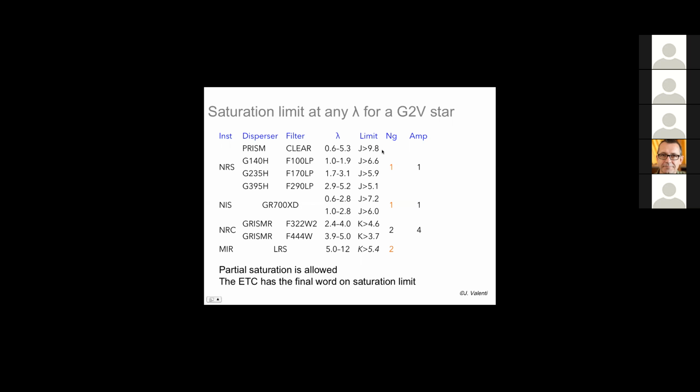But if you're interested only in a sub-range of the wavelength coverage, it is possible to saturate one part of the spectrum and to obtain a high quality spectrum on the other part of the wavelength coverage. It's allowed and it's up to you.